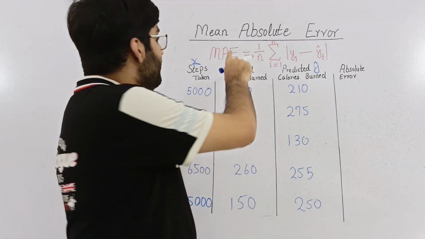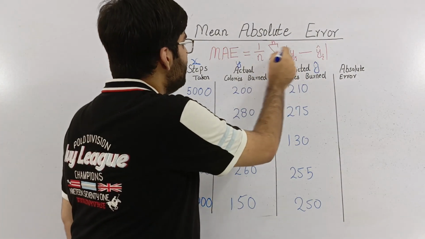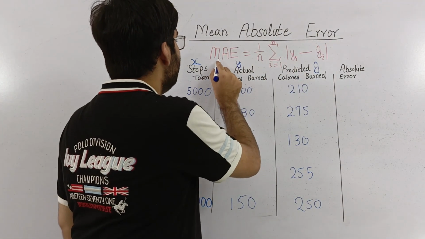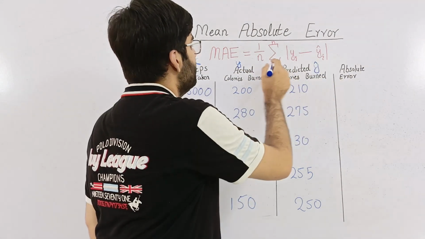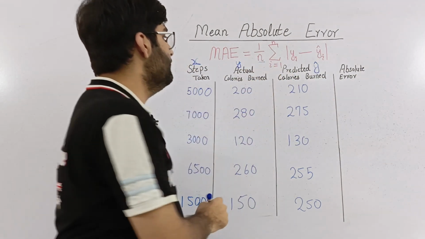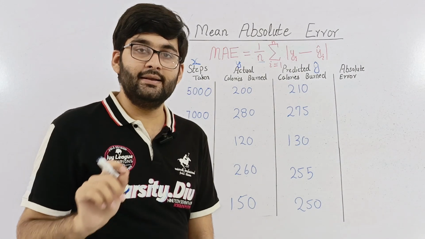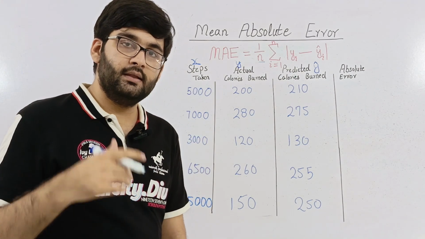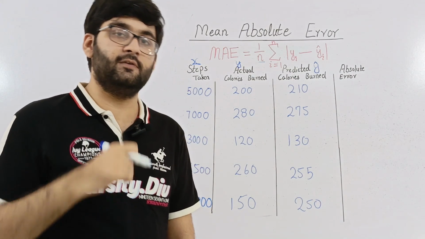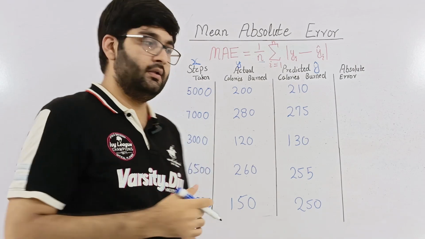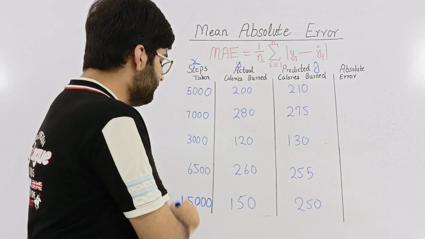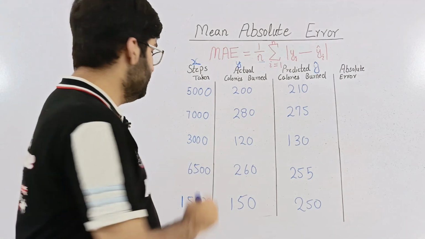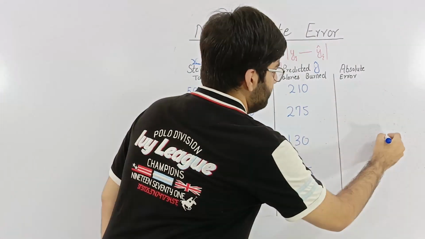Now here, this is the equation of mean absolute error. Look at this equation. N refers to the number of data points or the number of rows in the data set. In this data set, there are 1, 2, 3, 4, 5 rows. So, N is 5.